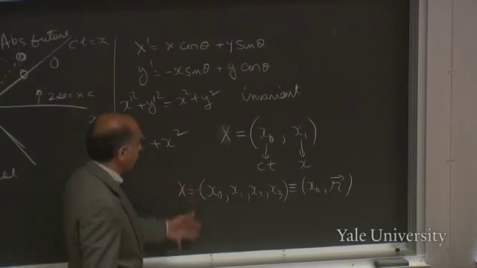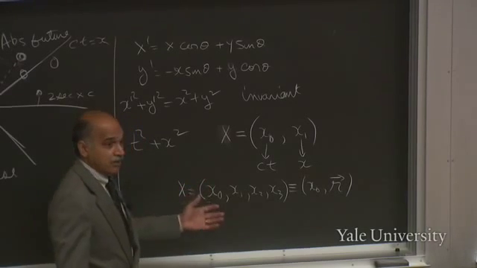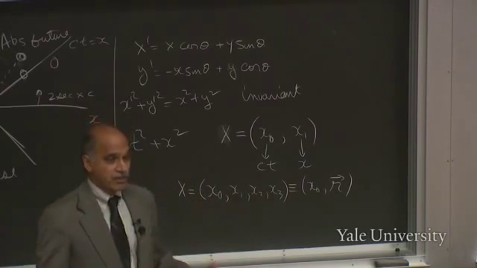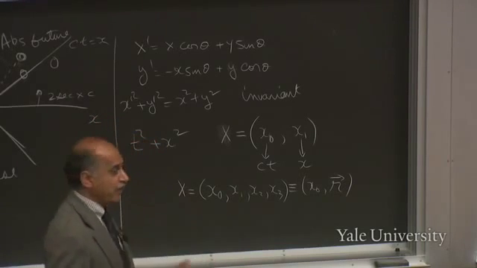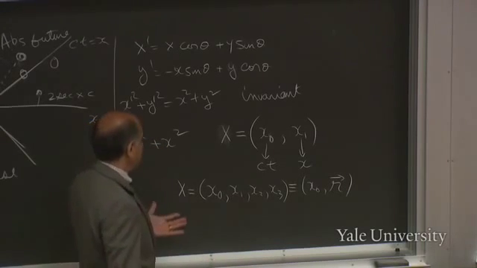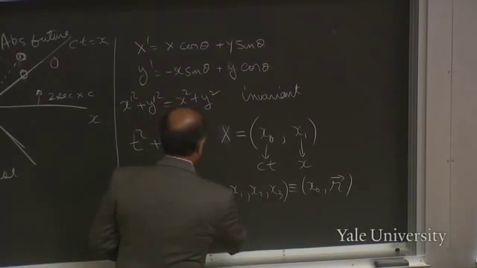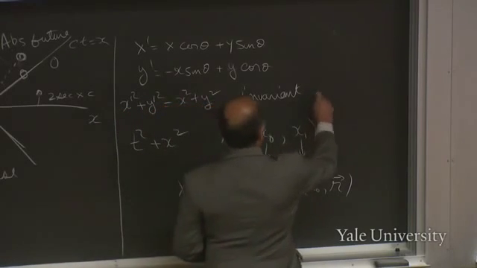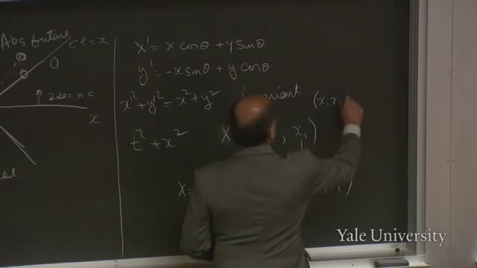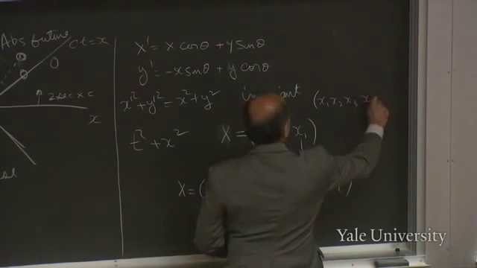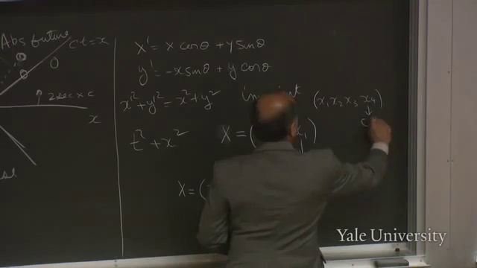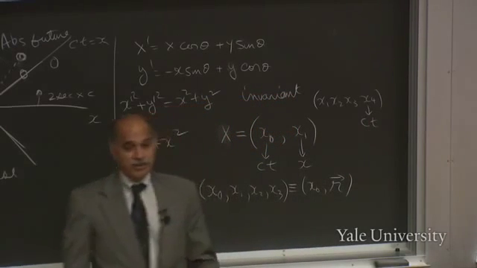I'm writing it purposely in many ways because if you ever go read something or you're involved in a lab project, people will refer to coordinates in space-time in many ways. Some people like to write x1, x2, x3, x4, where x4 is ct. That's why you call that the 4th dimension.